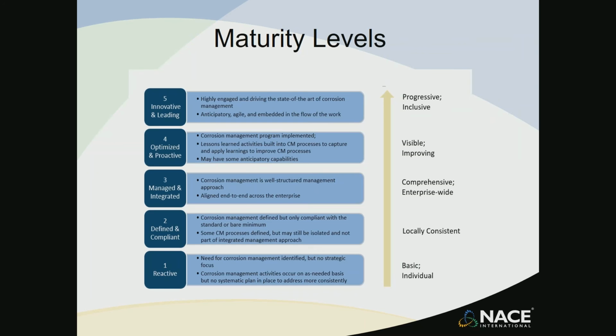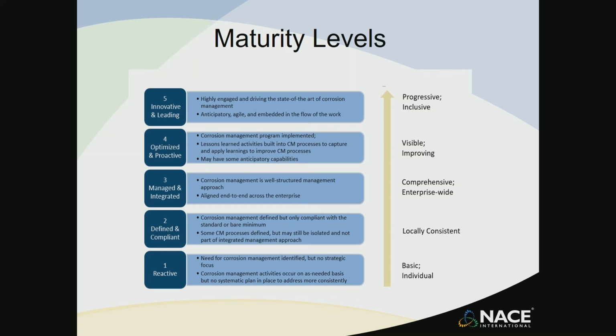So what are those maturity levels over the left-hand side of the model? You'll see here that at level 1, it's an organization that is in a reactive mode. That means that you don't have a very robust corrosion group. You might have one individual that is responsible for it, but he may be part of the maintenance group.